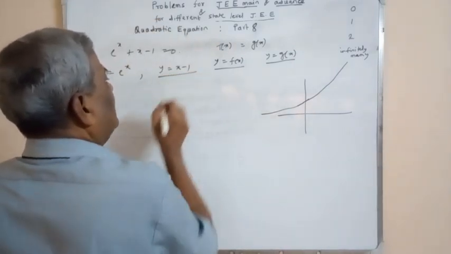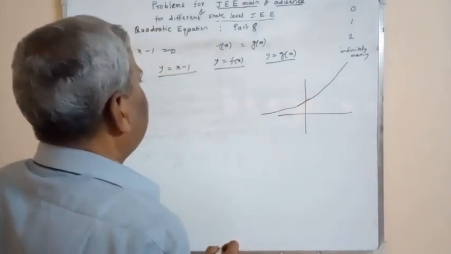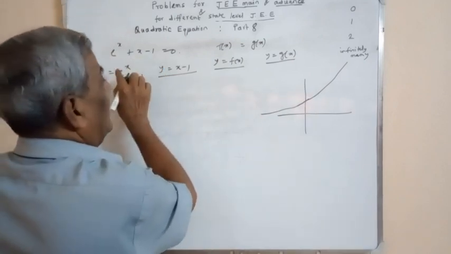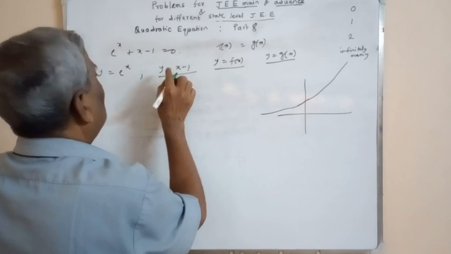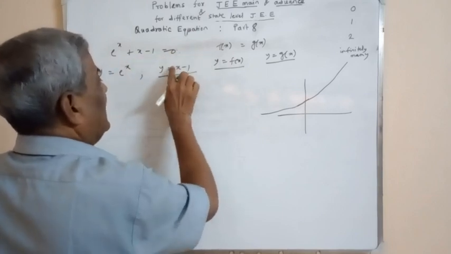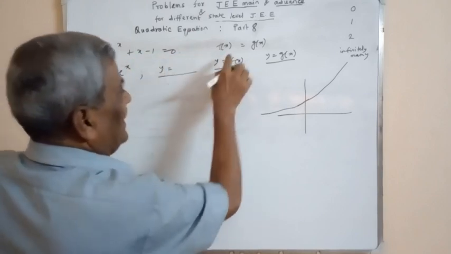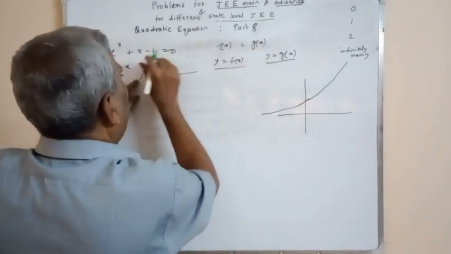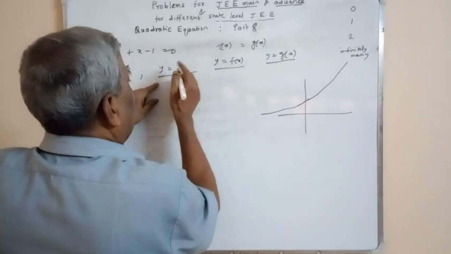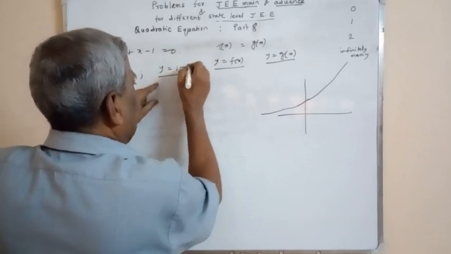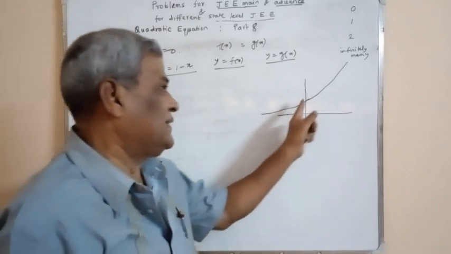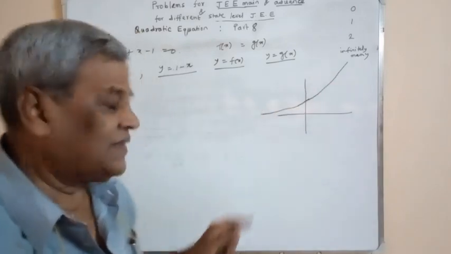Now for this one, f(x) equals g(x), so y equals that, and this should be taken to that side. It is 1 plus x. The curve y equals e to the power x is that curve.